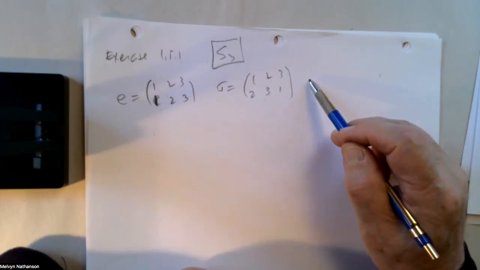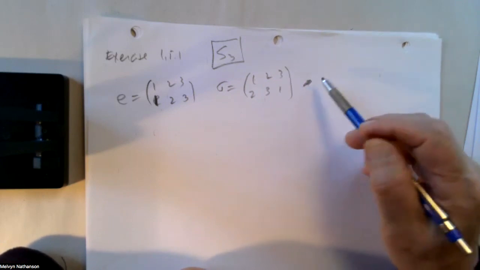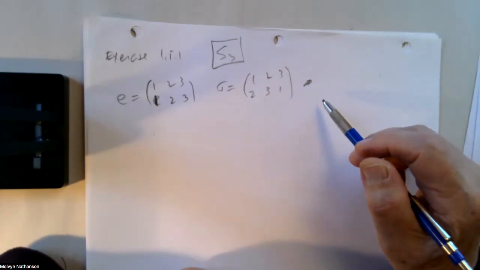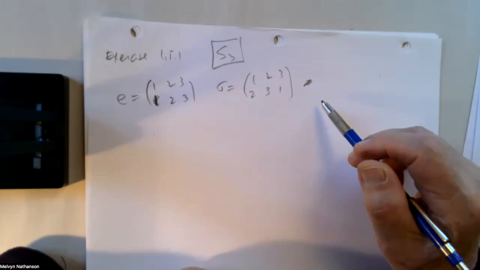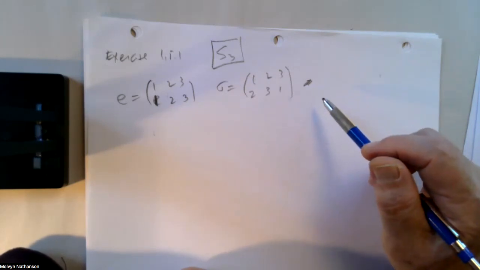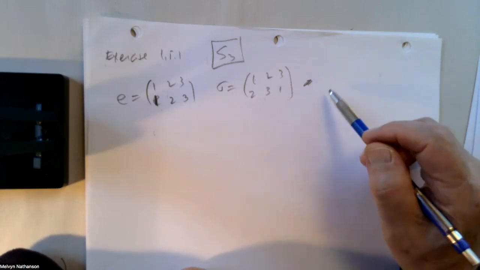There's the permutation. We are going to have 6 permutations. So what other permutations are there?